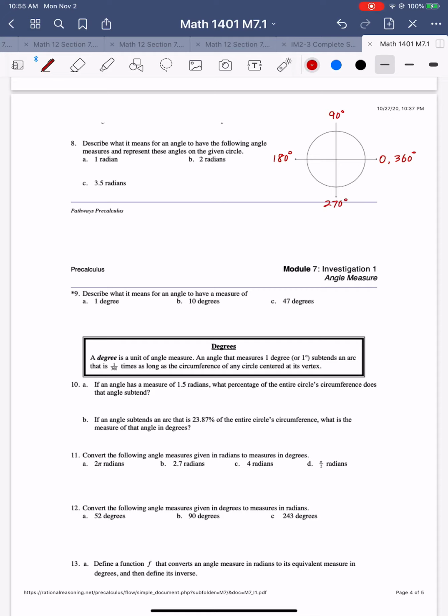1 degree is 1 piece of it. An angle with a measure of 1 degree means that the angle's openness subtends 1 out of 360 of any circle's circumference.